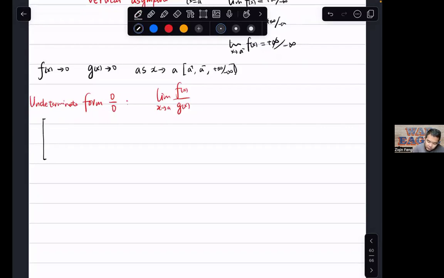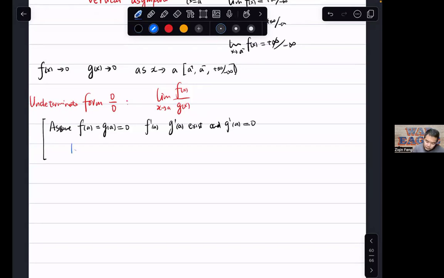Let's assume f of a equal to g of a equal to 0, and f prime of a, g prime of a exist, and g prime of a is not 0. This is our assumption, but even if this assumption doesn't hold, you can still apply the rule if you have 0 over 0, right?